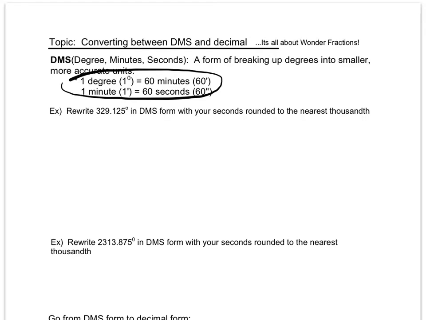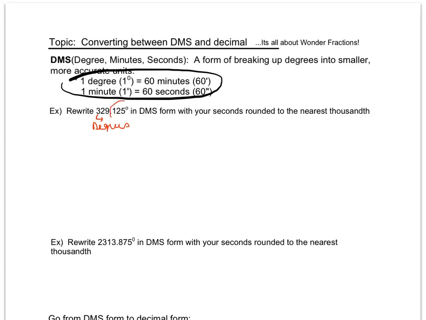So first thing I'm going to do is recognize the fact that I'm given a certain number of degrees already. So when I put this in degree, minutes, and second form, I'm still going to have 329 degrees.